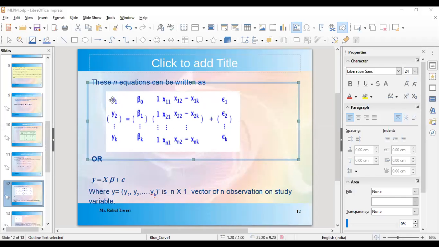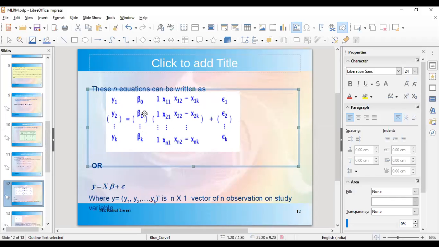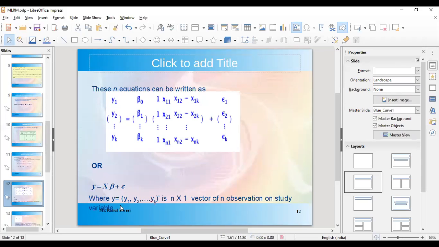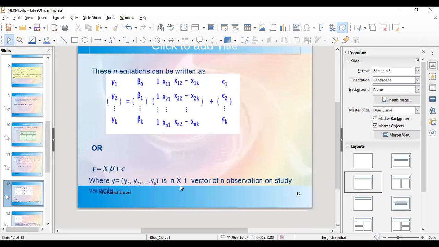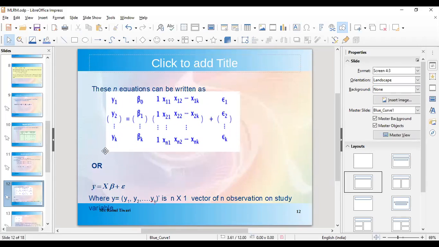Okay, so y is your these observations, x is your these observations, and beta is your these observations, and epsilon will be this. Now this is a little bit we have to understand, the matrix form.